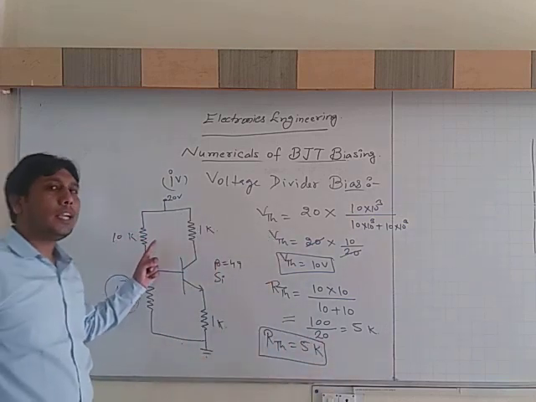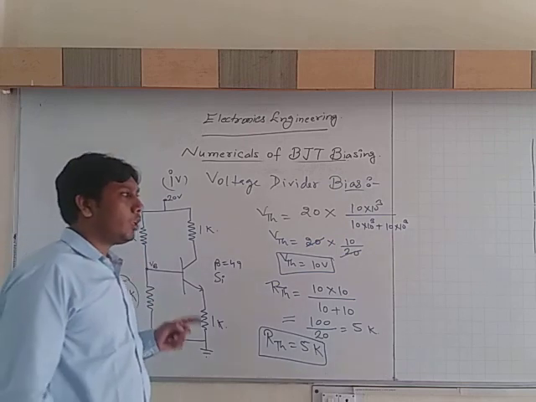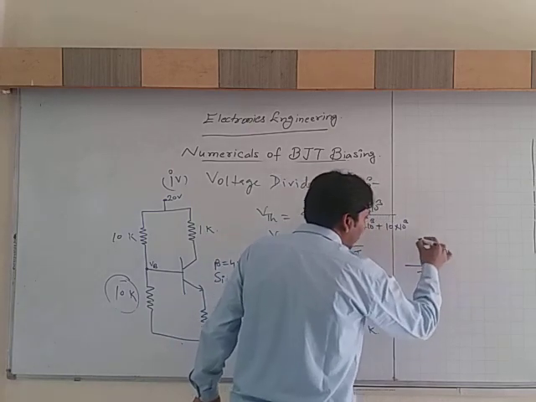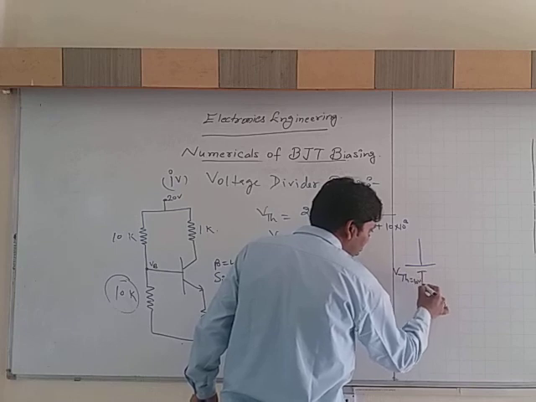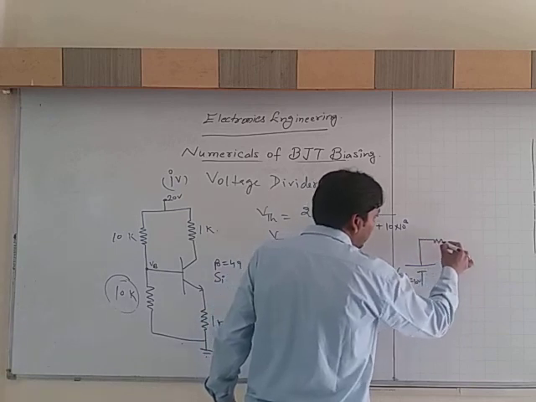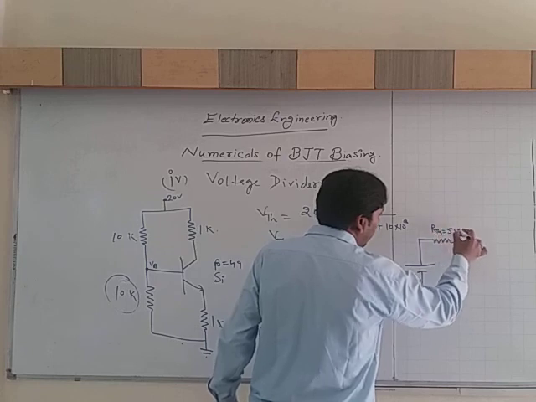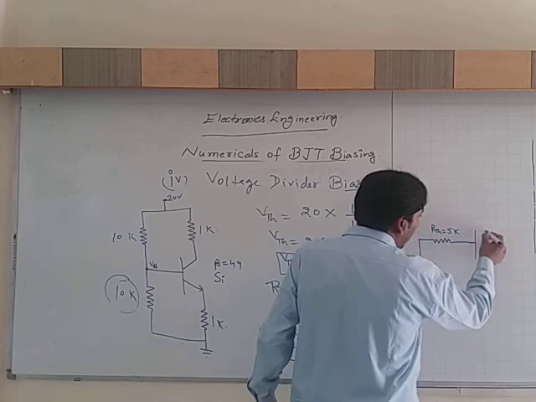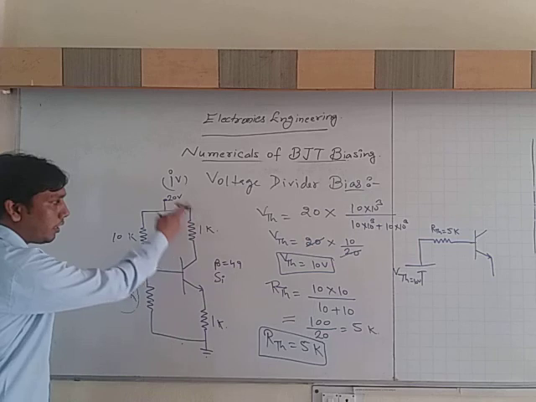Now this circuit's input side can be replaced with its equivalent circuit as we just put the value VTH here, that is 10 volt, a resistance RTH, that is 5 kilo ohm, and the rest of the circuit will remain the same as it was in this circuit.